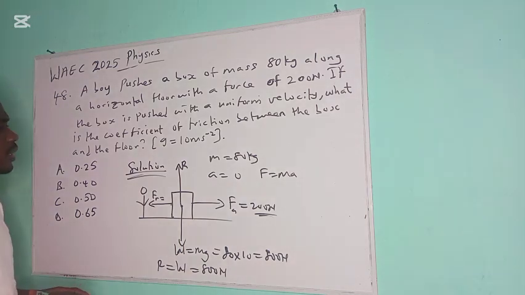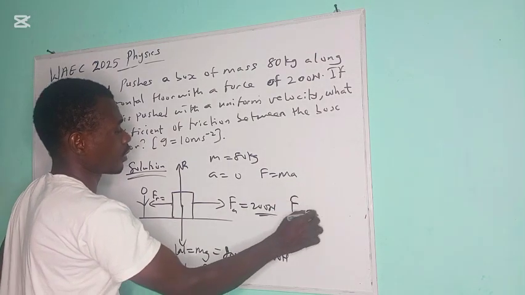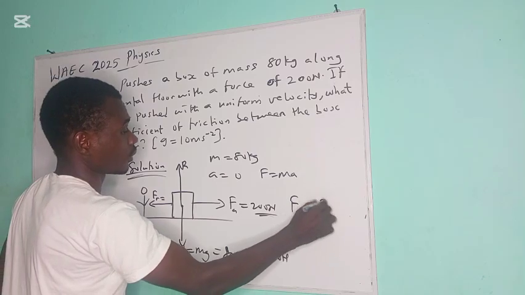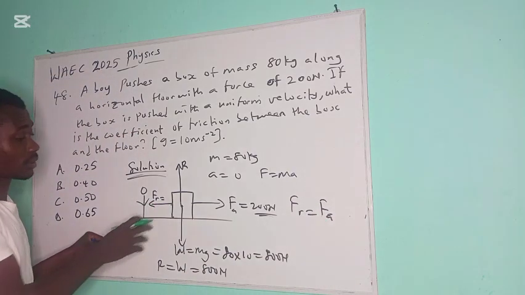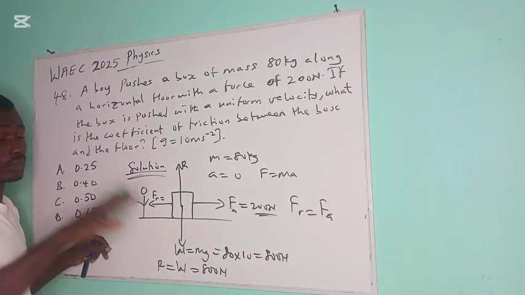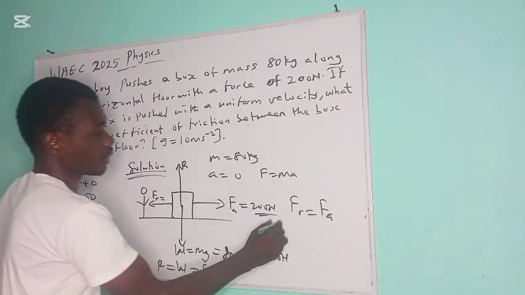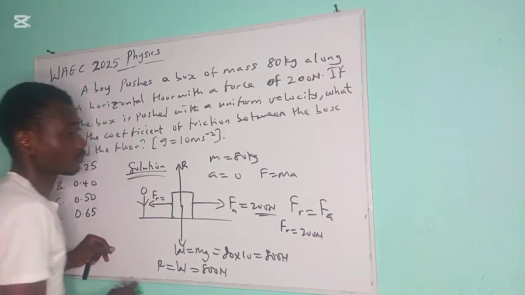That means that Fr is equal to Fa, that is, the frictional force is equal to the pushing force. So the frictional force is 200 Newton.